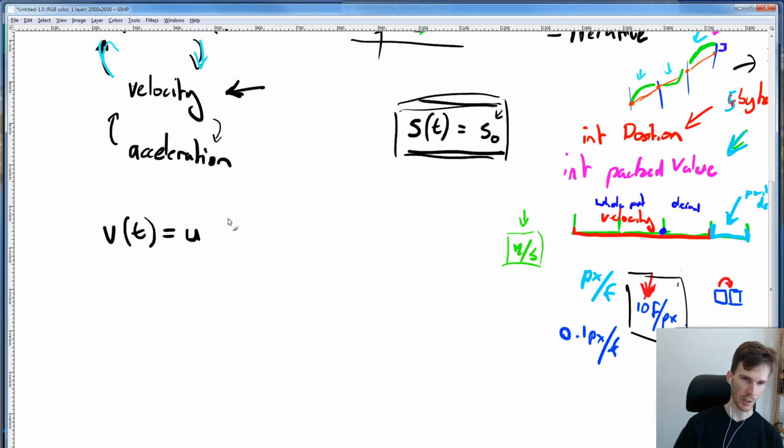So u is going to be our initial velocity, so you could also think of this as v0. And what we're going to do is, all right, we have a fixed velocity, so it's like we're this shape and we're moving at a fixed speed, and we're going to integrate this up to get s of t.